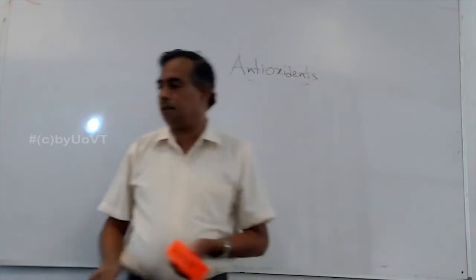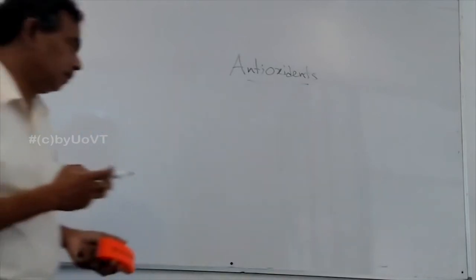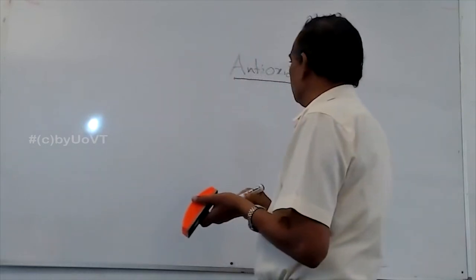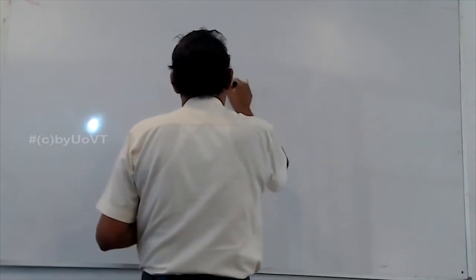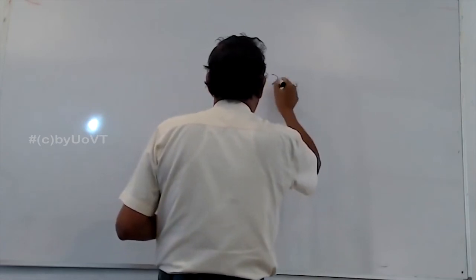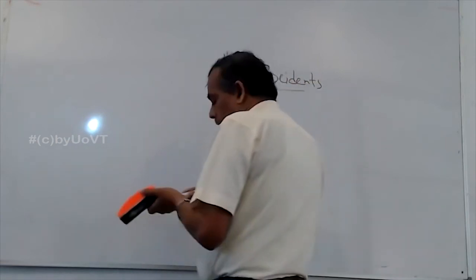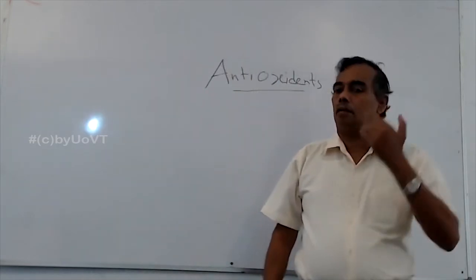Antioxidants. Right. So we can use antioxidants to control the system. Remember this. An antioxidant can absorb the highly reactive electrons from the free radical and it can stop the reaction.